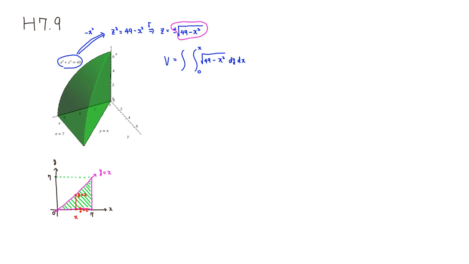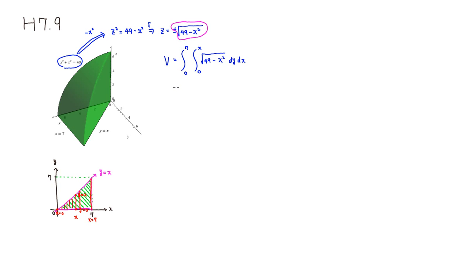Then in order to cover the entire triangular base, you can see that starting from x equals 0, x is going to go all the way to x equals 7. So it goes from 0 to 7. Then let's evaluate this.